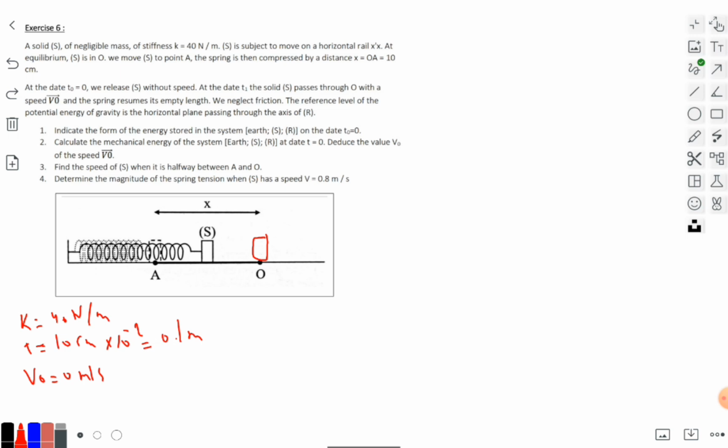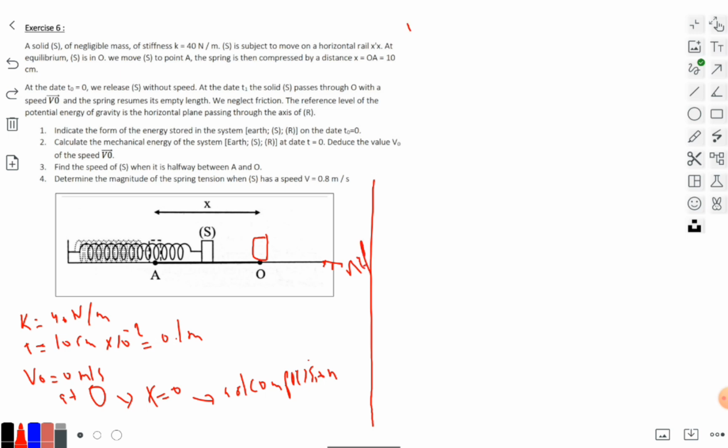So at O, x equal 0, not compression. So in this case, the spring is not elongated, not compressed. The reference level of the potential energy of gravity is the horizontal plane passing through the axis of R. So this is the reference.